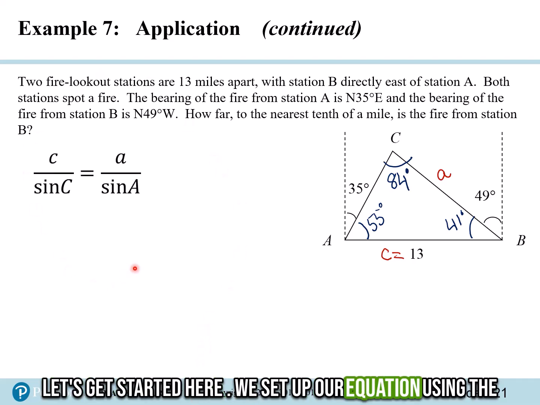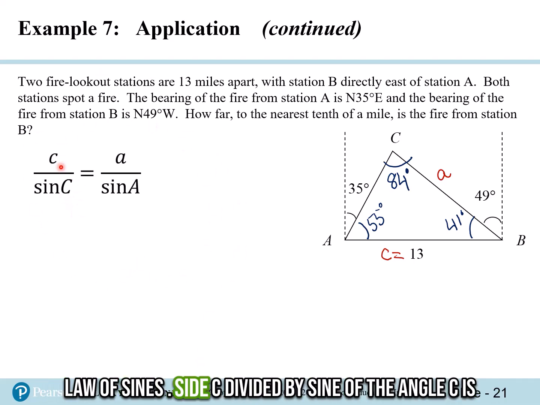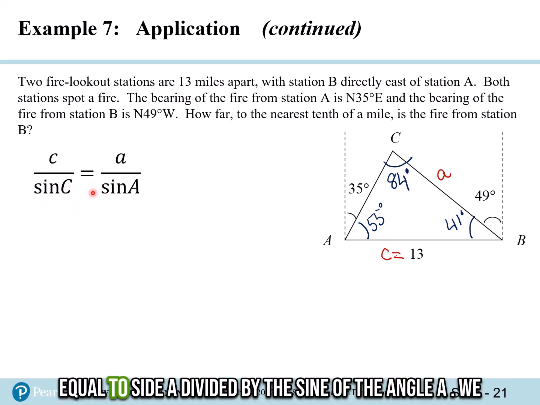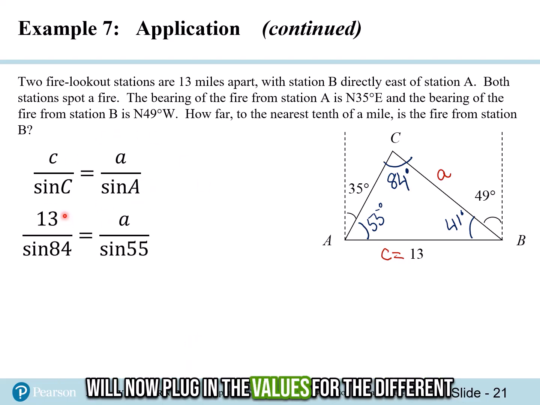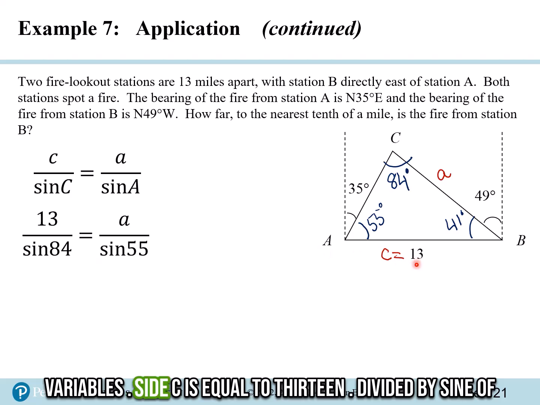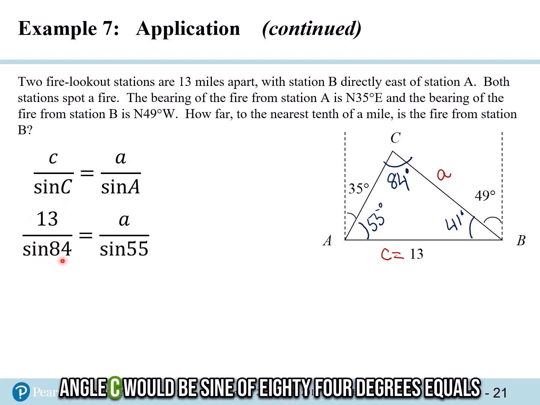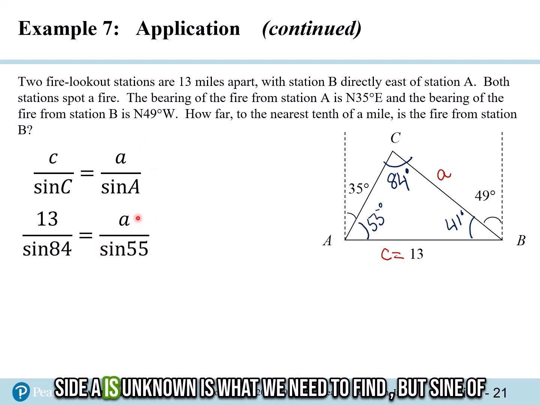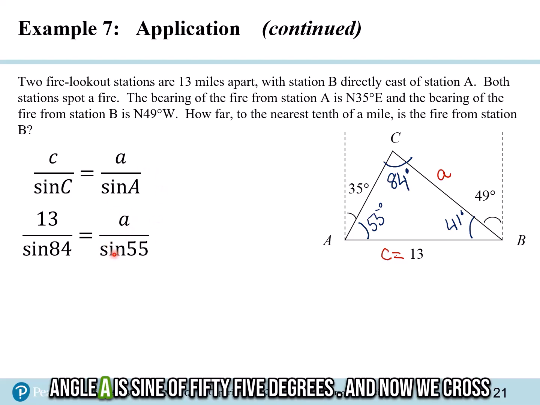All right, so let's get started here. We set up our equation using the law of sines. Side C divided by sine of the angle C is equal to side A divided by the sine of the angle A. We will now plug in the values for the different variables. Side C is equal to 13 divided by sine of 84 degrees, equals side A, which is unknown and what we need to find, divided by sine of 55 degrees.